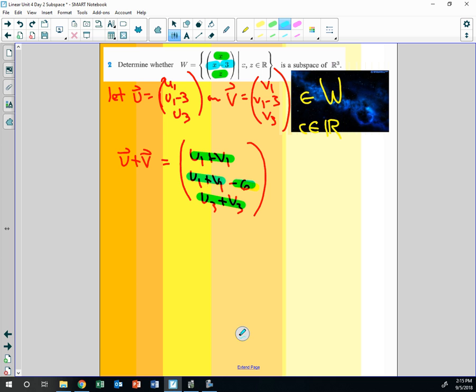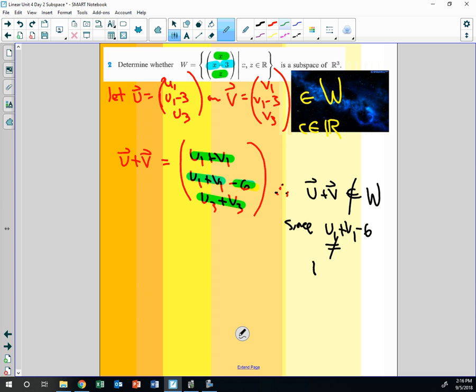So then what you would say there is, therefore, U plus V is not an element of W, since U1 plus V1 minus 6 is not equal to U1 plus V1 minus 3, which is what it would need to be.